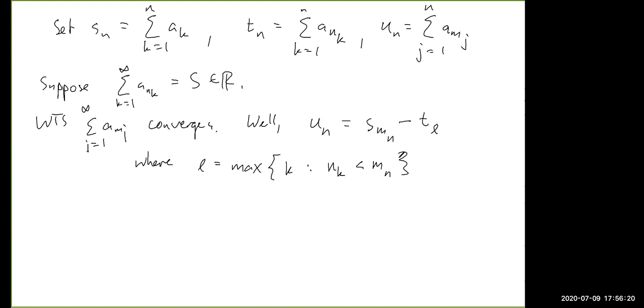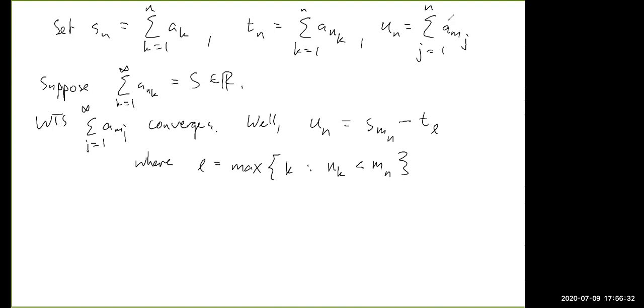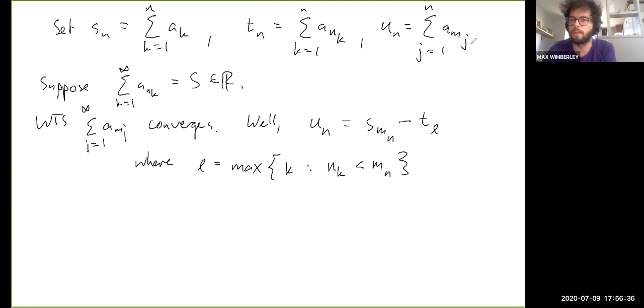How did you get the MN for the S term? Because if you look at UN, it's the sum of A_{M_J}, so the last term here is A_{M_N}. So this is A_{M_1} plus A_{M_2} plus up to A_{M_N}.